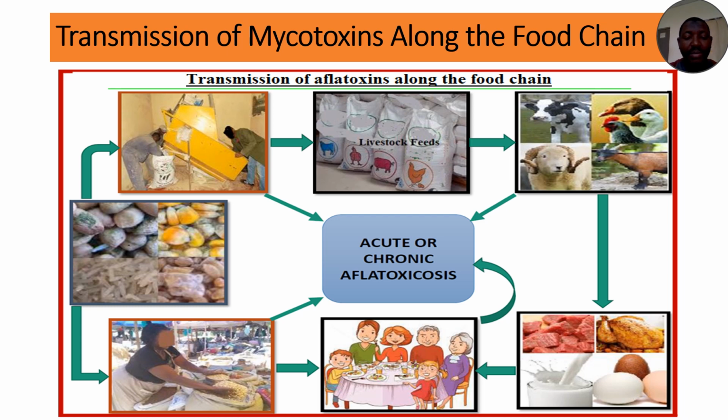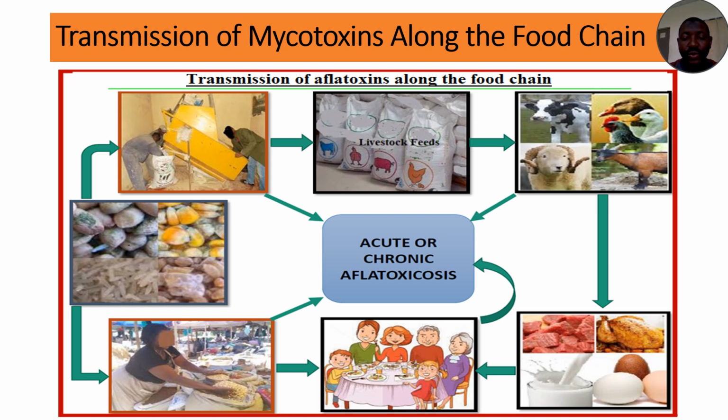The contaminated foods are either utilized to make animal feed, such as livestock feed. And if they are used to make livestock feeds, they end up being consumed by the farm animals, cows, cattle, sheep, and so on.